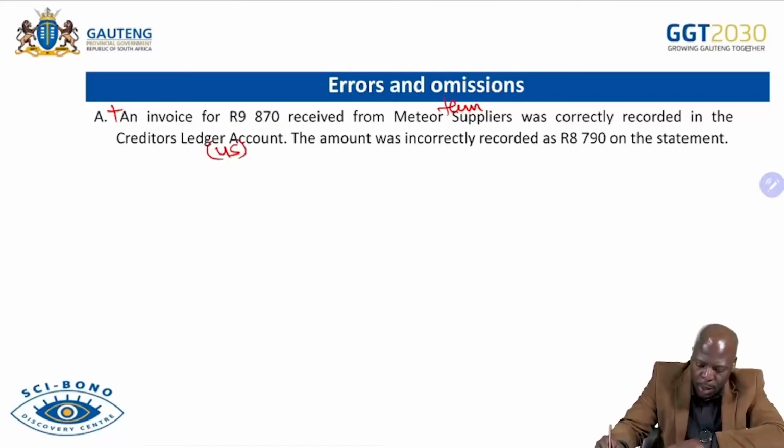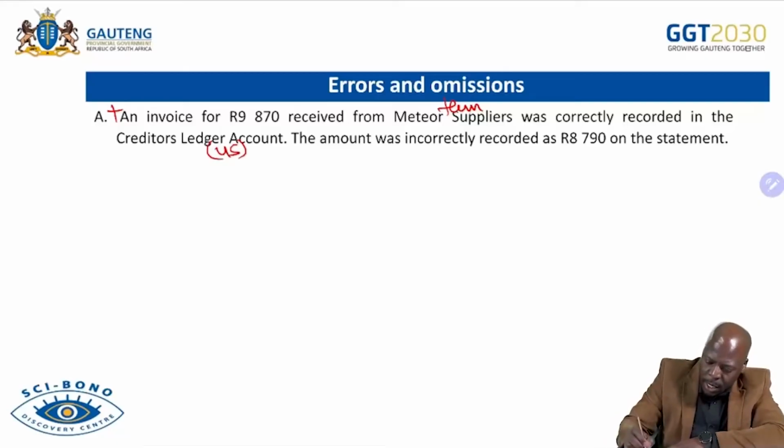Okay, so an invoice for 9,870, which we received from them, was recorded correctly in the ledger by us. The amount was incorrectly recorded as 8,790 on the statement. In other words, where is the error? Incorrect on the statement. The statement is by them. So they incorrectly recorded 8,790. Whereas an invoice, remember, is a plus.